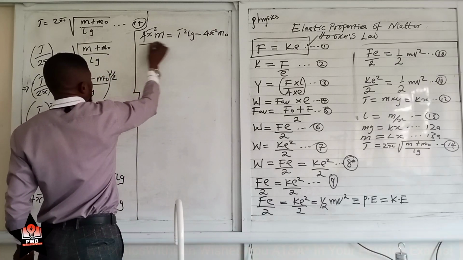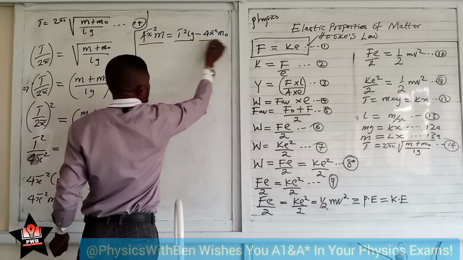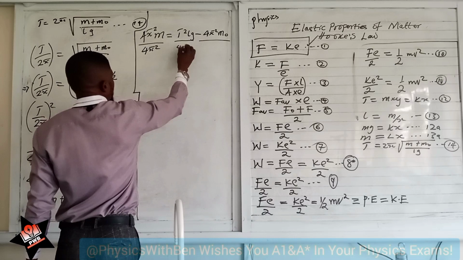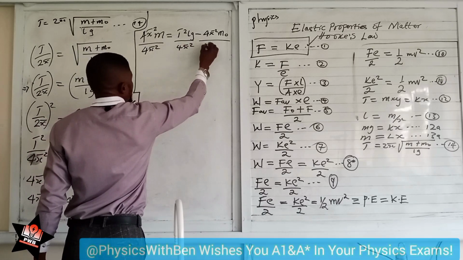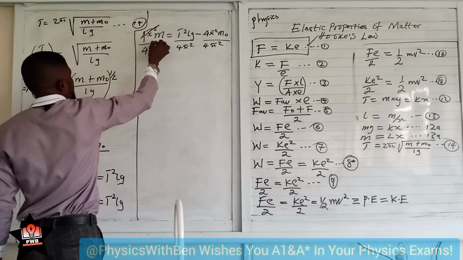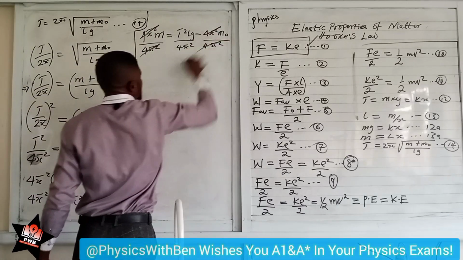So we divide both sides by 4π squared, so that this will go, this will go.